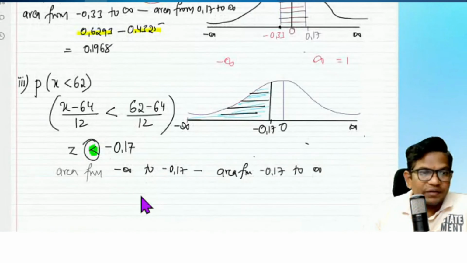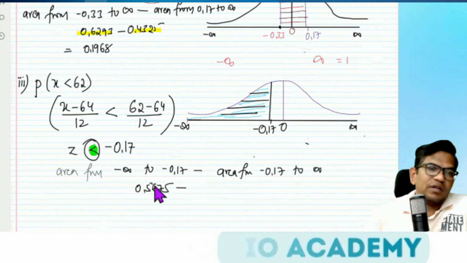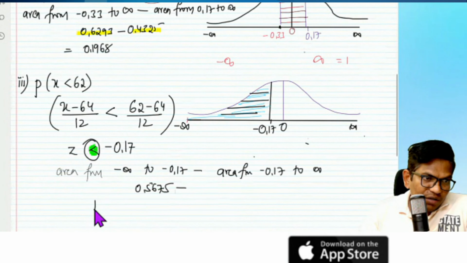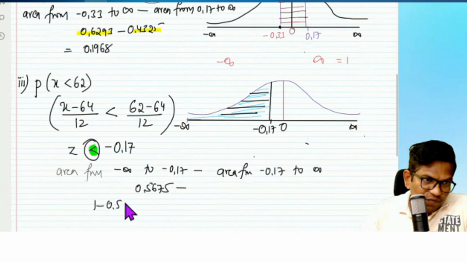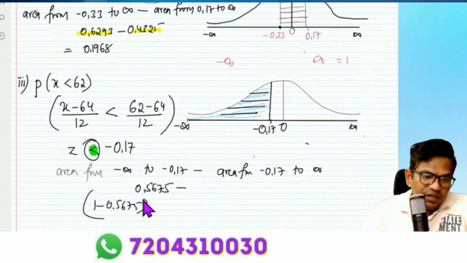Minus. So again, what they have given, how much is left here? Minus infinity to infinity, right? So what do we have to do with this? We have to subtract it from 1. So this one will be 1 minus 0.5675. We do it like this.